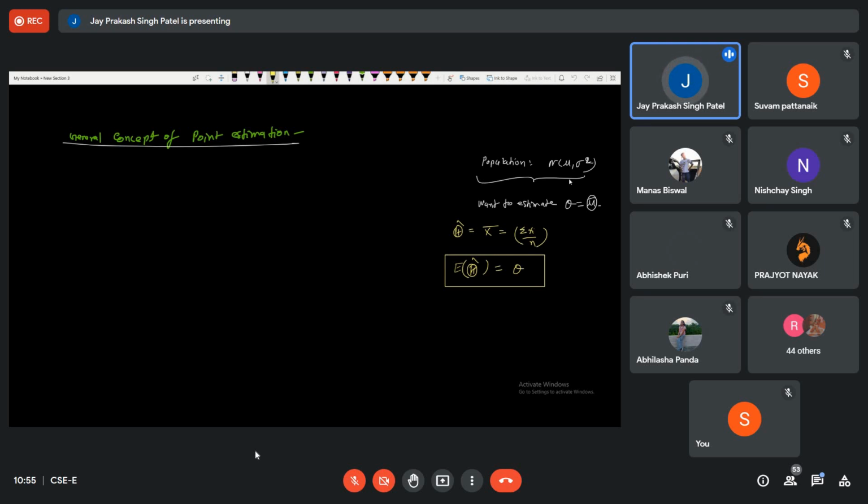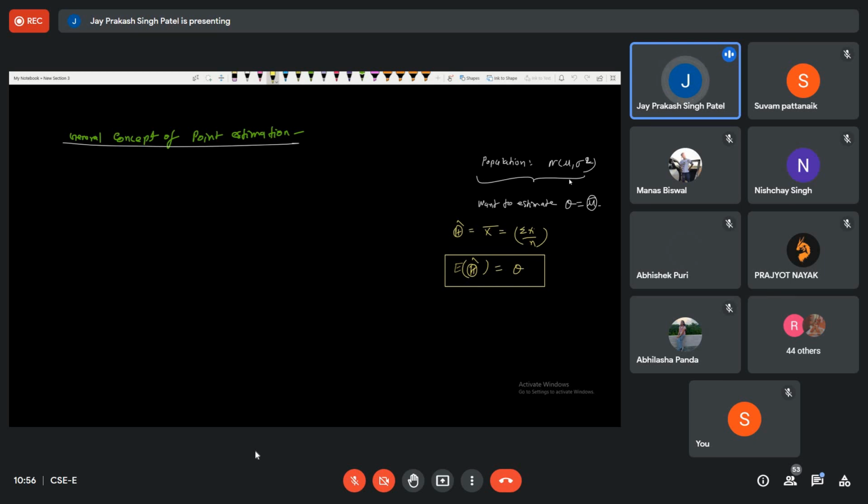So we can draw infinitely many samples, each having the same size n, and get infinitely many values of x bar. Then we can plot the histogram, and that is called the sampling distribution of x bar. And what we expect is that the distribution of x bar must also have the same mean mu.